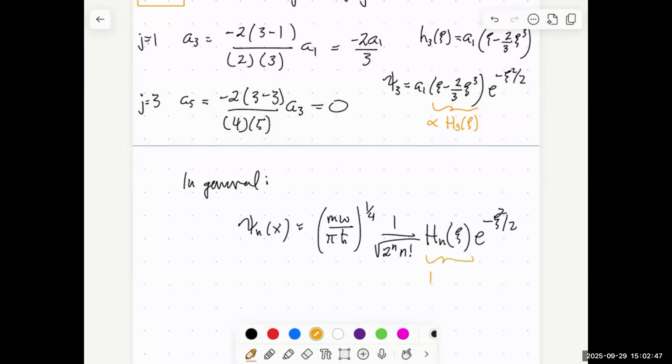These are called the Hermite polynomials. I could be wrong, but I think a lot of people might say Hermite polynomials, but my understanding is that this is a French name, and so they wouldn't say Hermite. In any case, those are the polynomials.